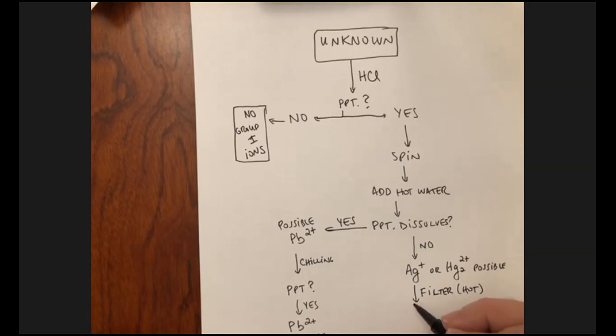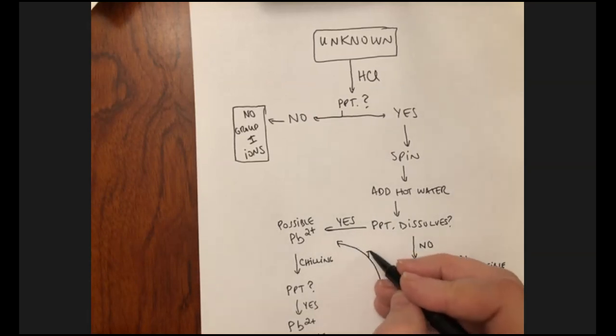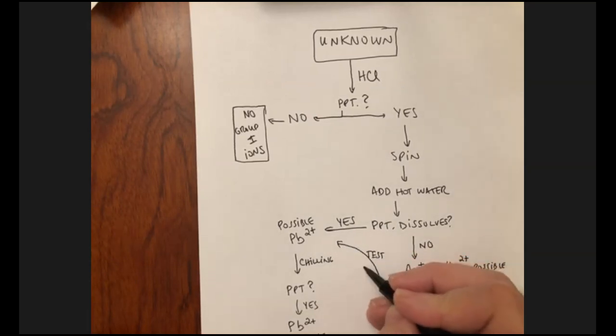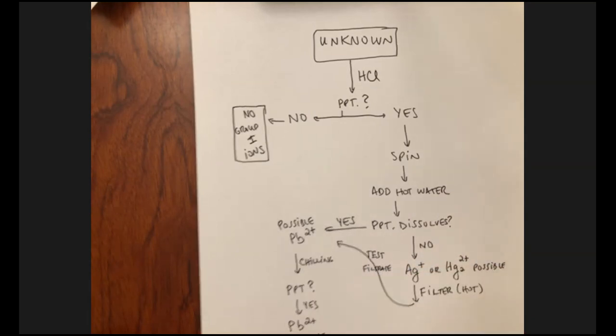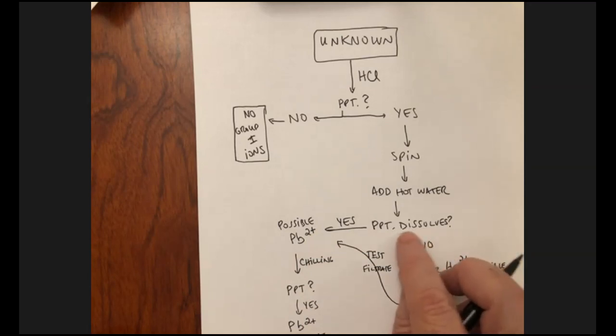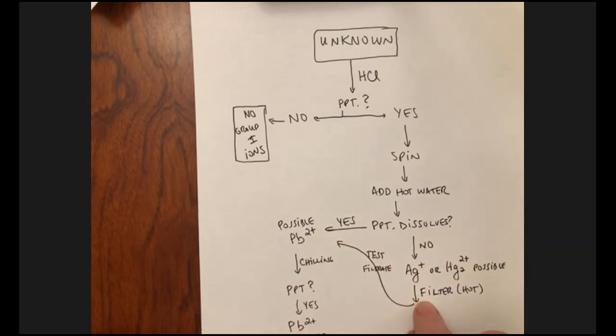And you want to test your filtrate to see if the filtrate has some lead in it. Because you don't know. At this point, if all of your precipitate dissolved, then you're pretty sure it was lead that was in there. But if it didn't, there might still be some lead ions in there, but there might be something else.